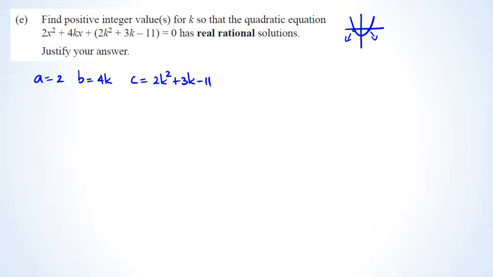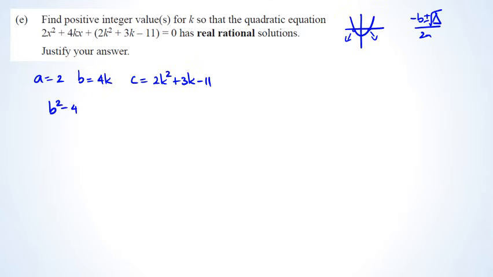Think about the formula: minus b plus or minus the square root of the discriminant, divided by 2a. If the discriminant, that little triangle there, is a perfect square, then your numbers are going to be really nice and rational. But if it's not a perfect square, then the numbers are going to be irrational, with decimal places and so on.